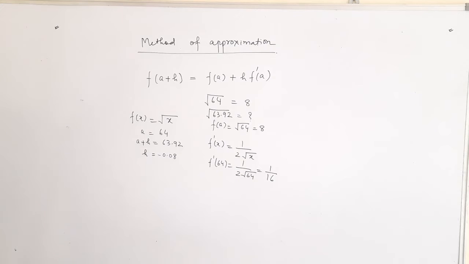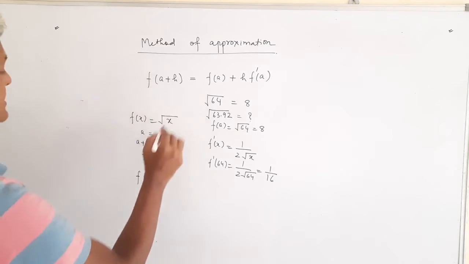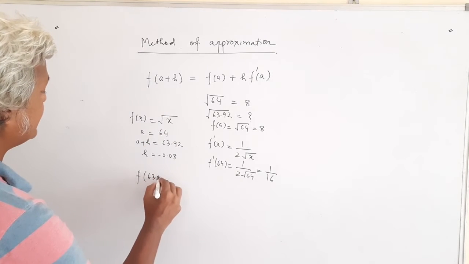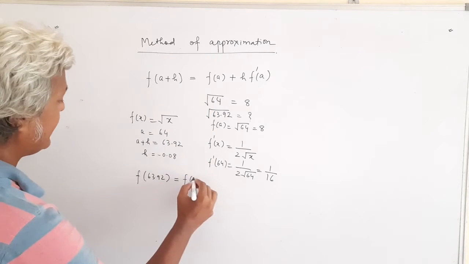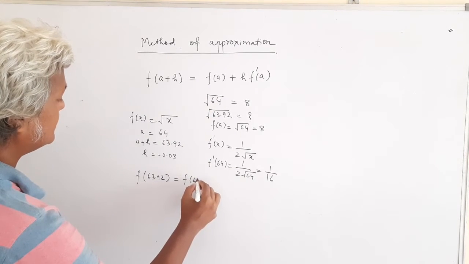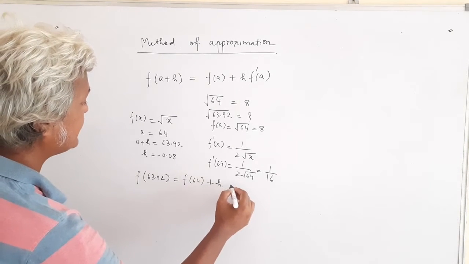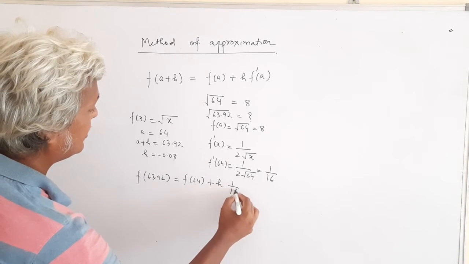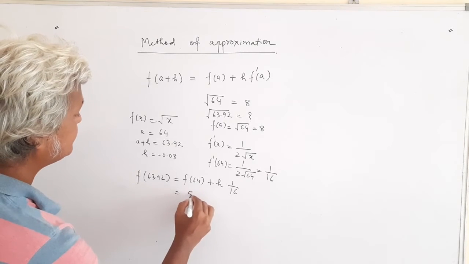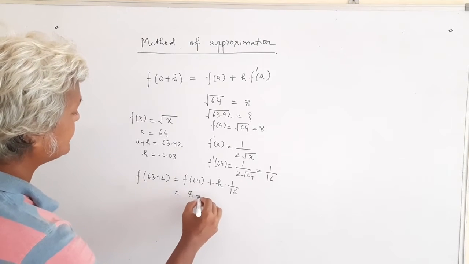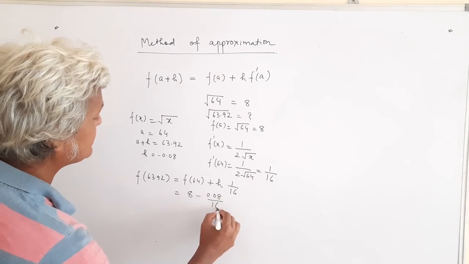Now we have got all our things ready. So now we write f(a + h). I can write f(63.92) as f(64) plus h times f'(a), which is 1 by 16 here. So f(64) is 8, and h is negative, so this will become 8 minus 0.08 over 16.